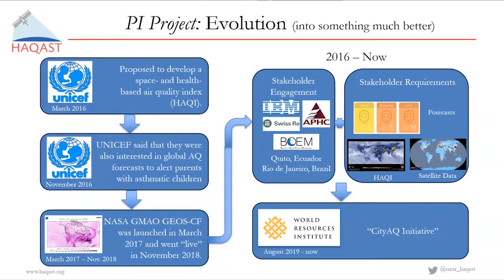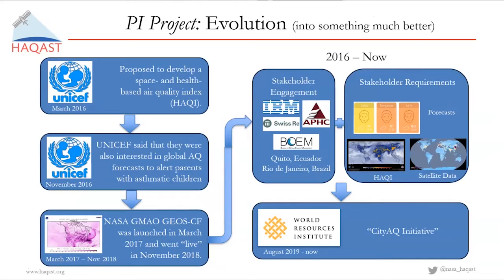In November of 2016, UNICEF approached me at a meeting and said, hey, we're also interested in global air quality forecasts to alert parents with asthmatic children of impending air quality problems. Fortunately, the NASA GMAO, Global Modeling Assimilation Office at Goddard, had an idea to do such a thing with their Earth system model.